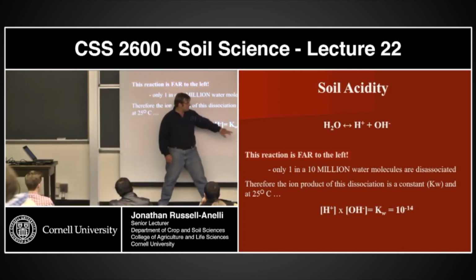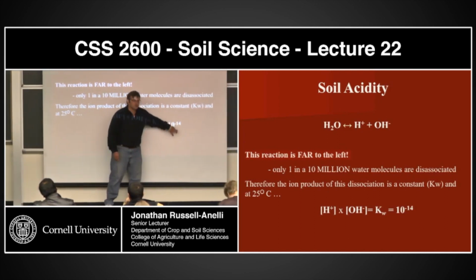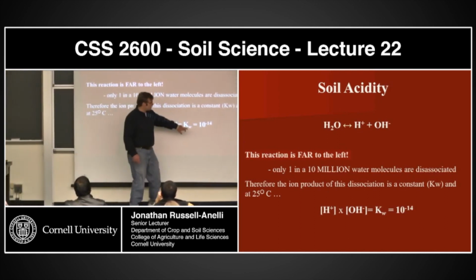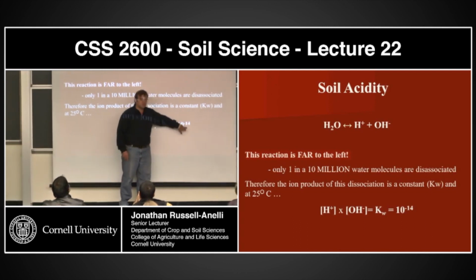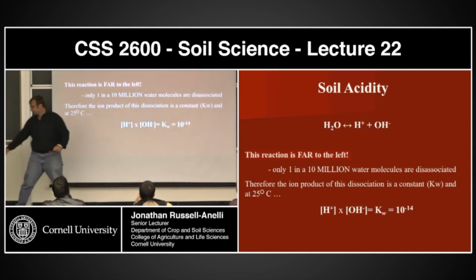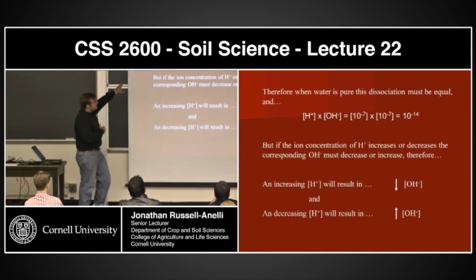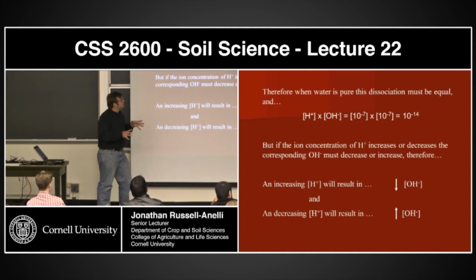Okay? Now, this number here, if you think about it, and remember we're talking about pH, this number here should mean something. What's the scale of pH? 14. Up to 14, 0 to 14. Okay. Therefore, when water is pure, this dissociation is equal.